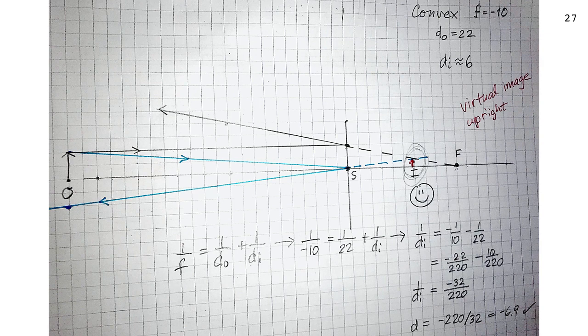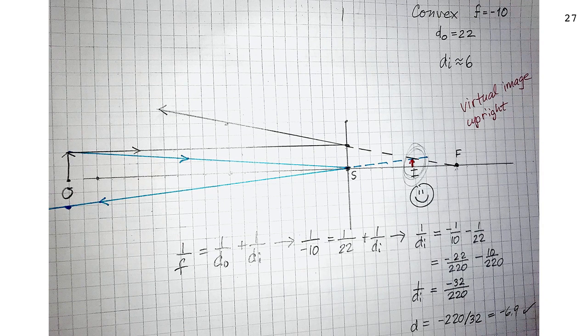But notice that 1 over DI equals negative 1/10 minus 1 over 22. So that's equal to minus 22 over 220 minus 10 over 220. And that's equal to 1 over DI equals minus 32 over 220.